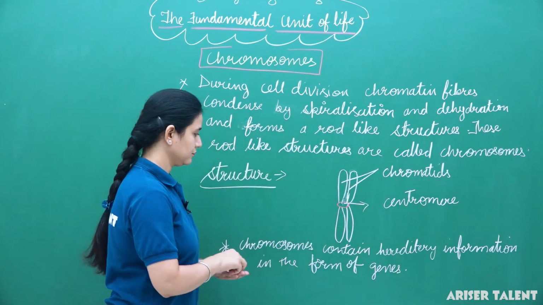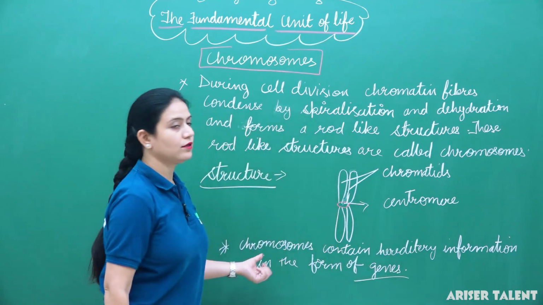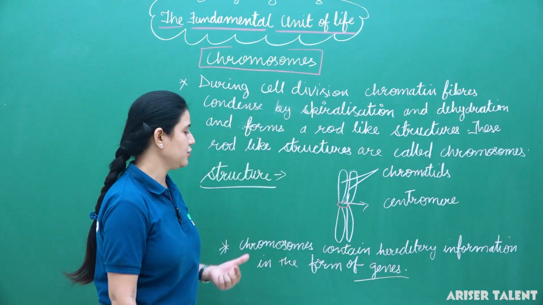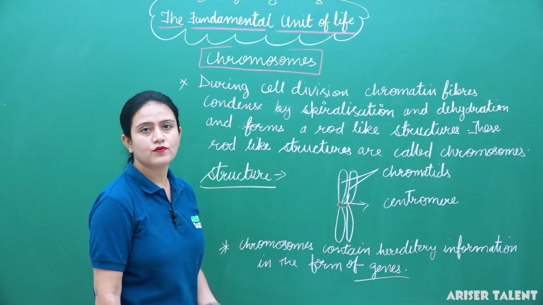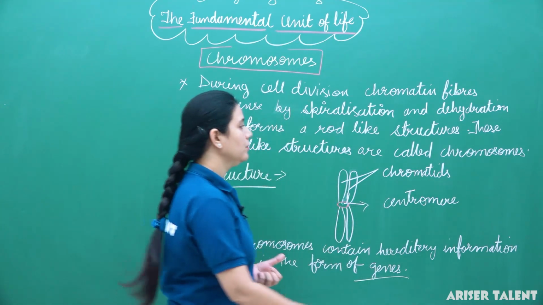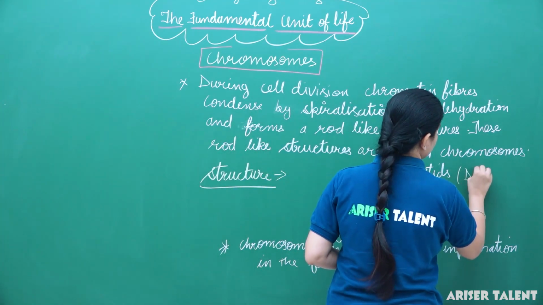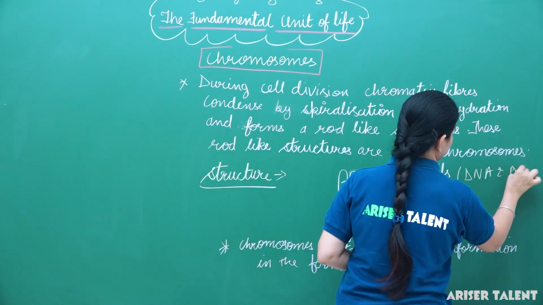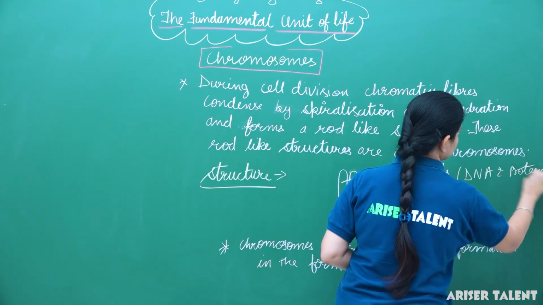We can say that a chromosome contains the hereditary information of the particular organism in the form of genes. And these chromatids are made up of DNA and protein. You can mention here DNA and protein.